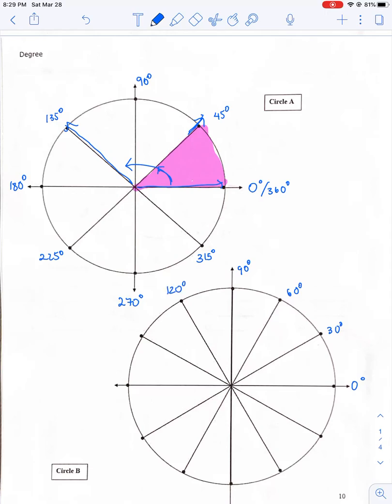We get 120, 150, 180, keep going, 210, 240, 270, 300, 330, and once again we get to 360 degrees.